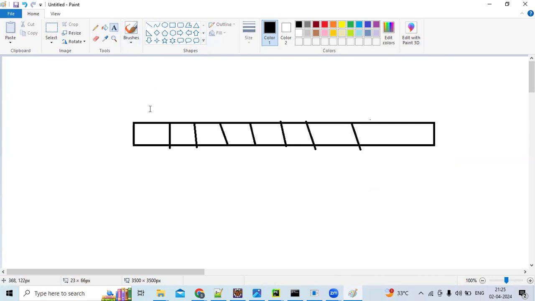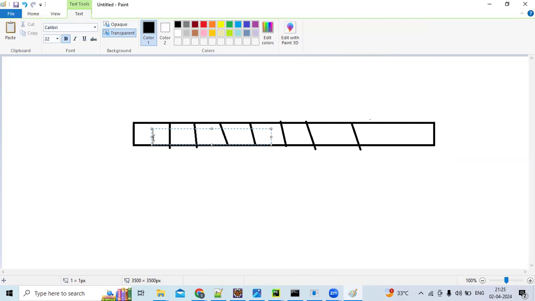So what is the binary representation of this? 0, 0, 0, 0, 0, and 1, 1, 1 and 0, right, guys?